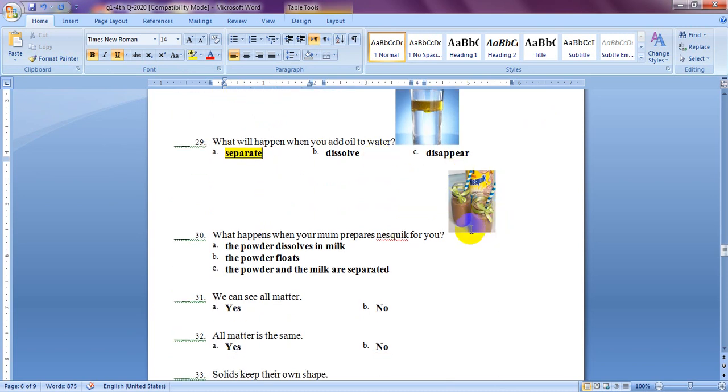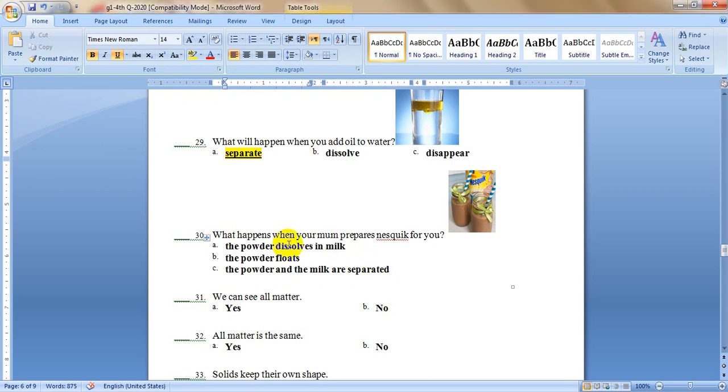Oh, who likes Nesquik? I know that most of you like it so much. What happens when your mom prepares Nesquik for you? The powder dissolves in milk, the powder floats, or the powder and the milk are separated. You can look while you are drinking your Nesquik.